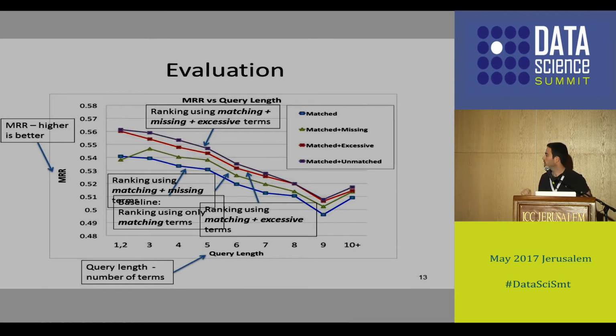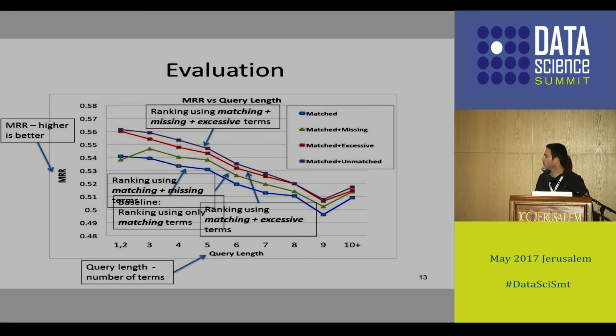On the horizontal axis is the query length, the number of terms, and on the vertical axis, the MRR measure that shows how high the clicked result was ranked; in general, higher is better. The blue plot is the baseline method, the state-of-the-art ranking using only the matching terms between the query and the document.